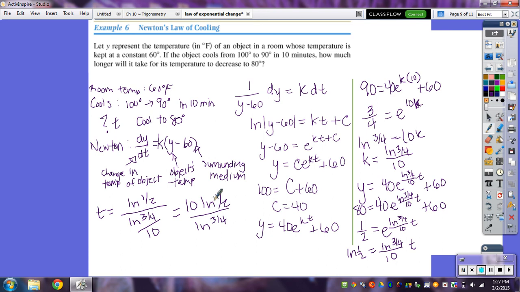And so when you expand natural log of 1/2, you actually get natural log of 1 minus natural log of 2. And so the natural log of 1 would become 0. And so this would actually be negative 10 times the natural log of 2. So simplified, it looks like that. And then of course you could just put it in your calculator like this. Either way, you need to include units, which would be minutes.